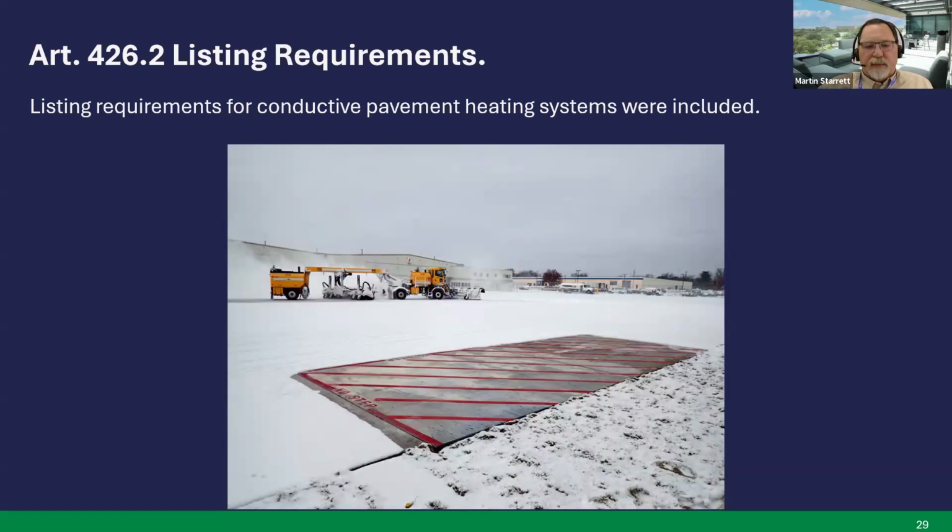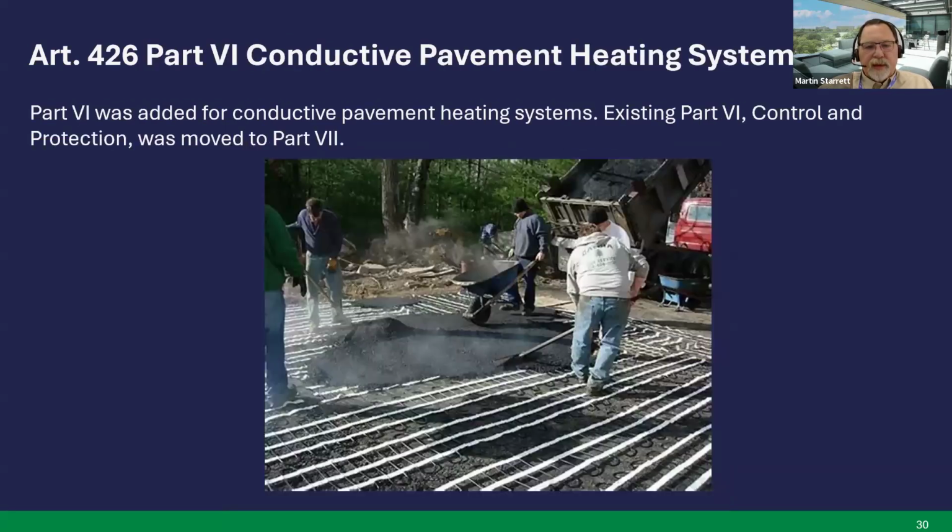Well, it's kind of been used up north, so that's why they've added these listing requirements in this article. Next slide. Also, as part of that conductive pavement heating equipment, part 6 was added for these particular systems. The existing part 6 in this article, control and protection, was moved to part 7. So we got a whole new part now for these systems.